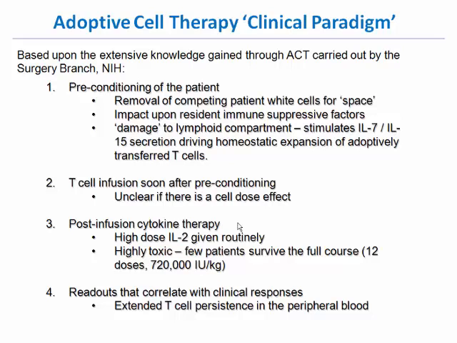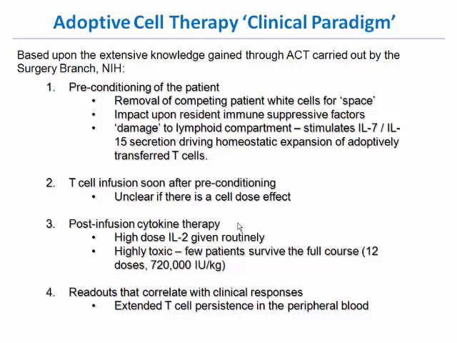The patient has to be preconditioned, generally with chemotherapy, which eliminates white blood cells present within the patient. This removes competing white cells, allowing space for our cells to move into. It also impacts the stronger suppressive factors present within the patient's tumour. So we're trying to give our T cells every opportunity to act.